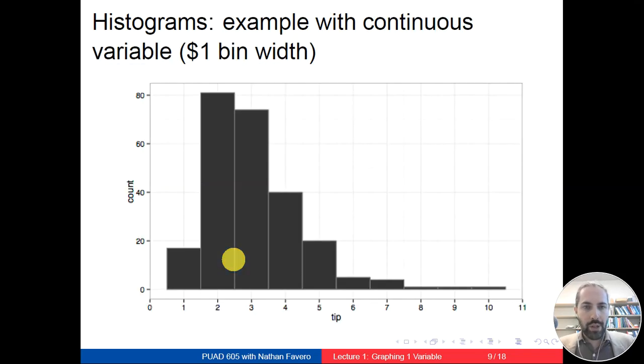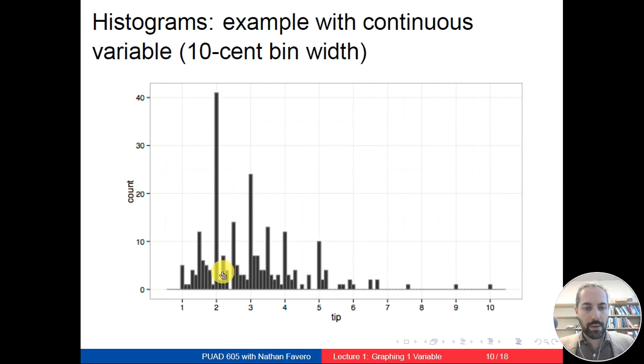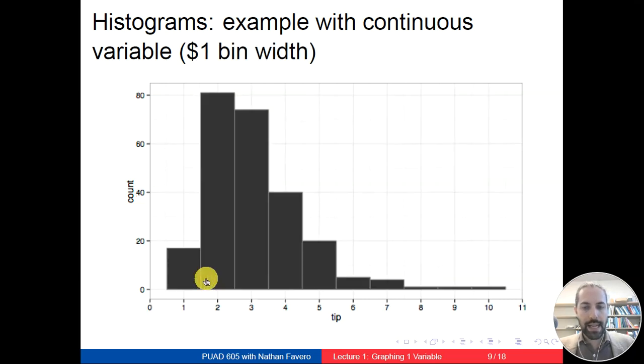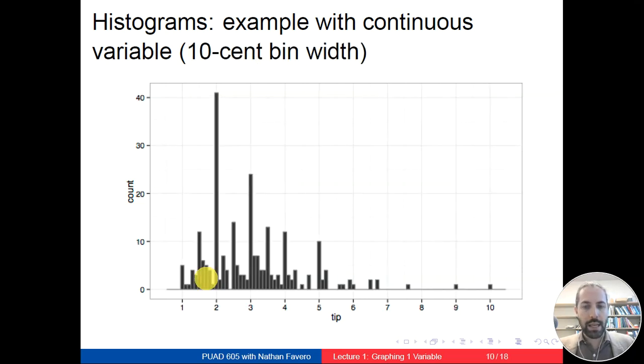Now, one other thing I want to show you about histograms before we move on is that we can get pretty different results depending on whether we draw wide bins, right? Here we said the bins are about $1 in width, versus if we draw very narrow bins. Here is an example of that same data as in the prior slide being graphed with much narrower bins. And now we can get a lot more detail, right?